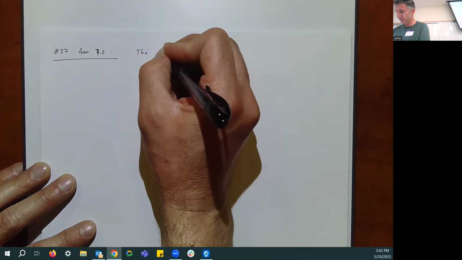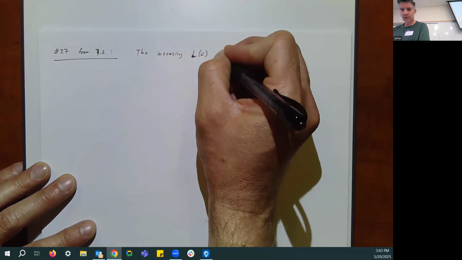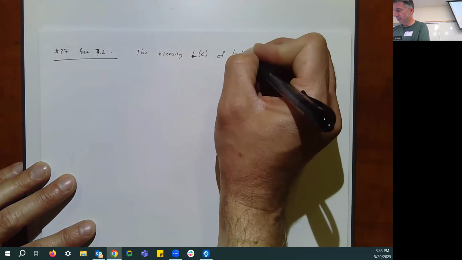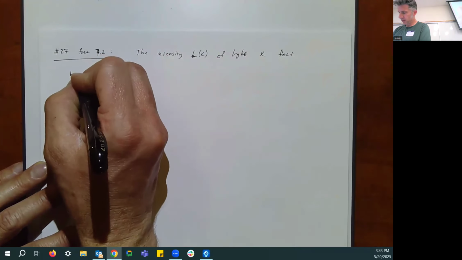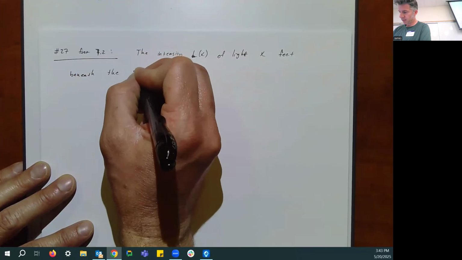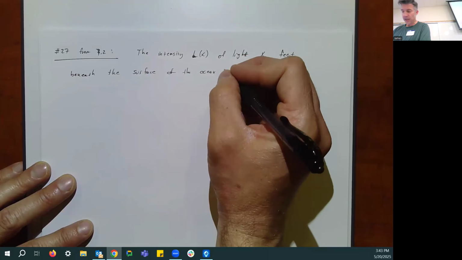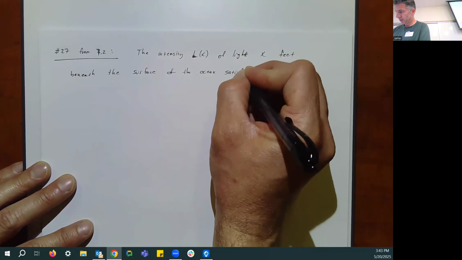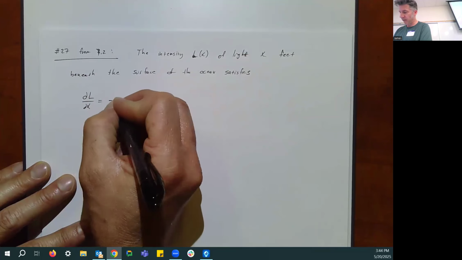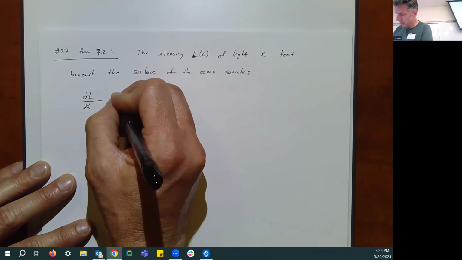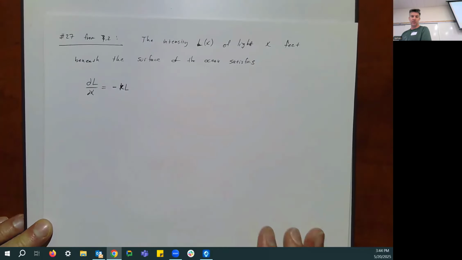The intensity L of x of light x feet beneath the surface of the ocean satisfies the differential equation dL/dx equals negative k times L, where L is the light intensity and k is some constant.